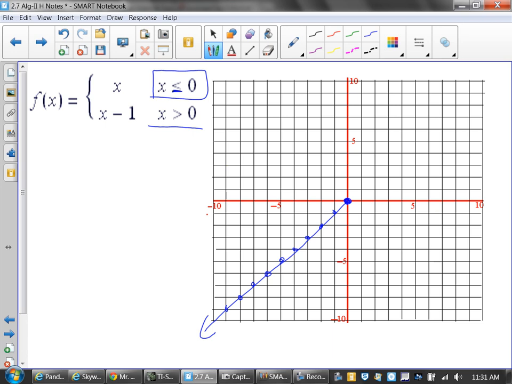Now I just graph the other one. The other one is x minus 1. Where does that one start? Minus 1. And what's my slope again? 1. I go back to the 0 value.